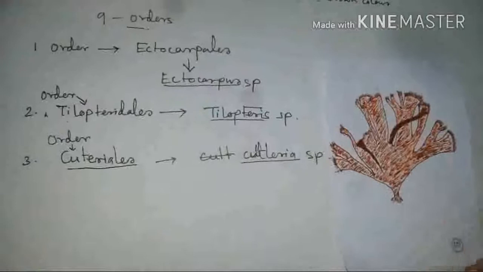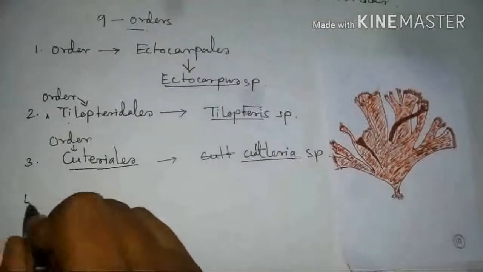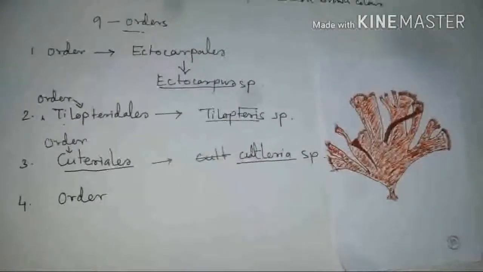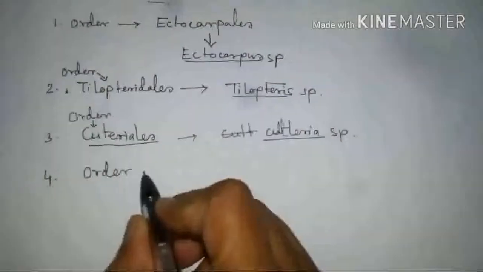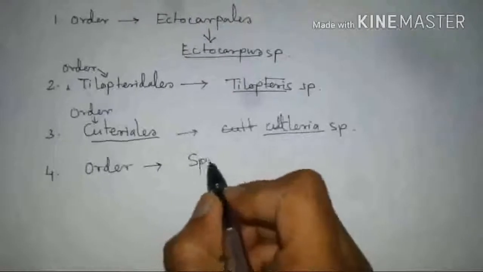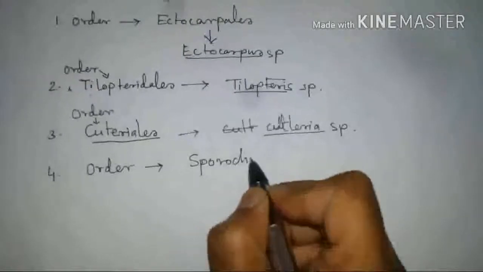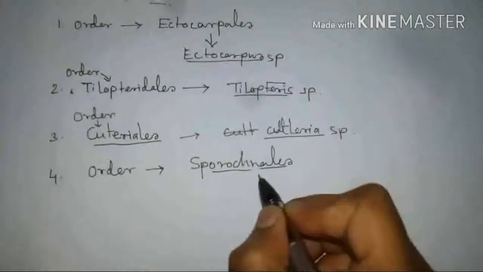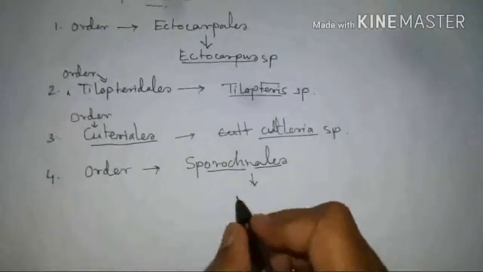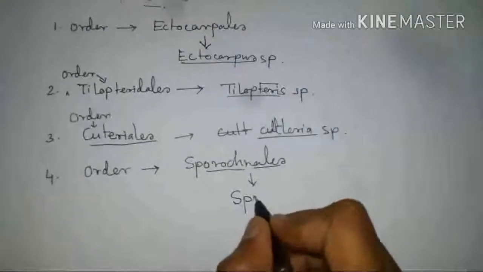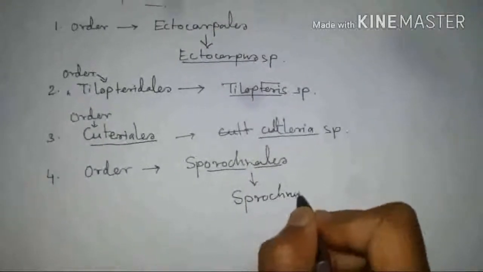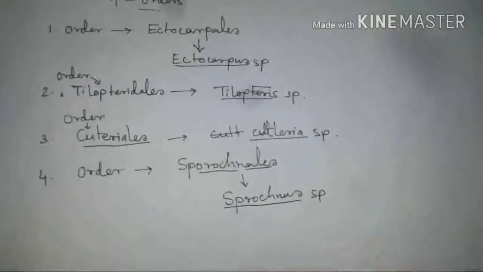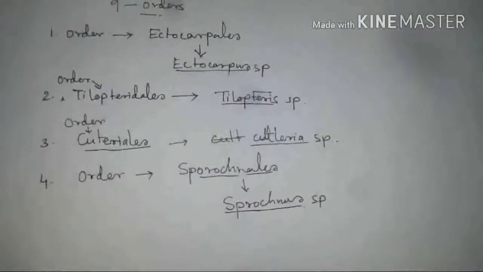Now the fourth order is Sporochnalis, and an example of this order is Sporochnus algae. This algae looks like a thread.